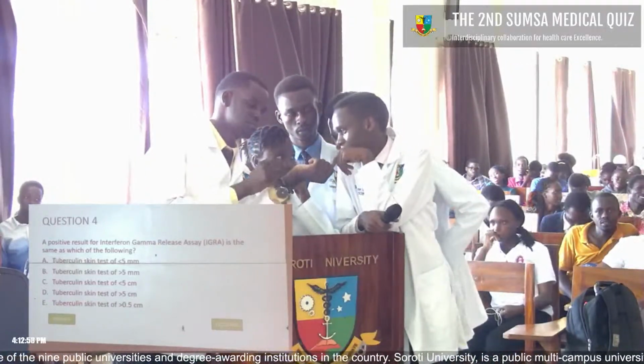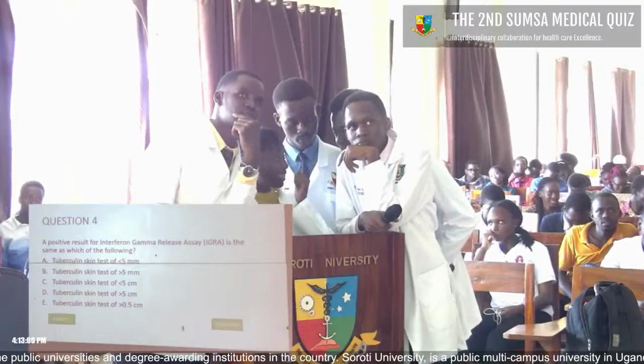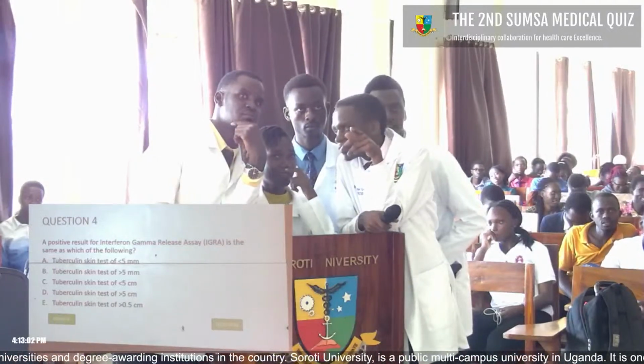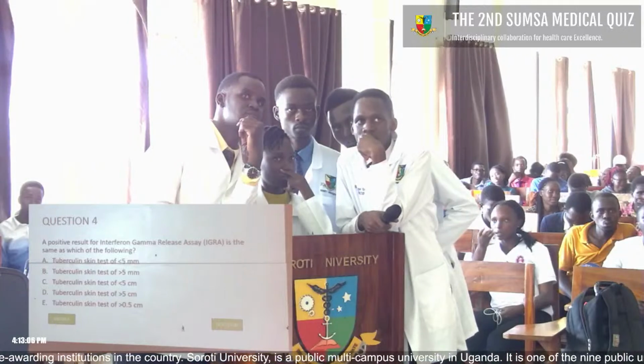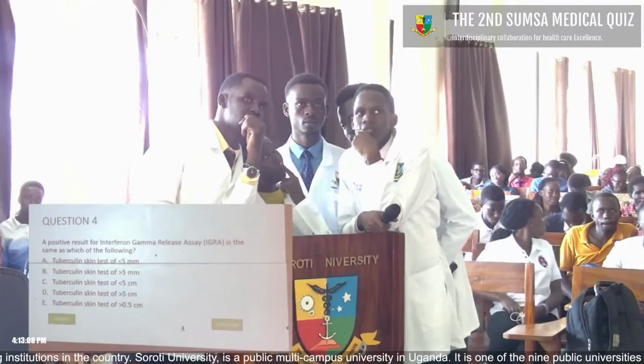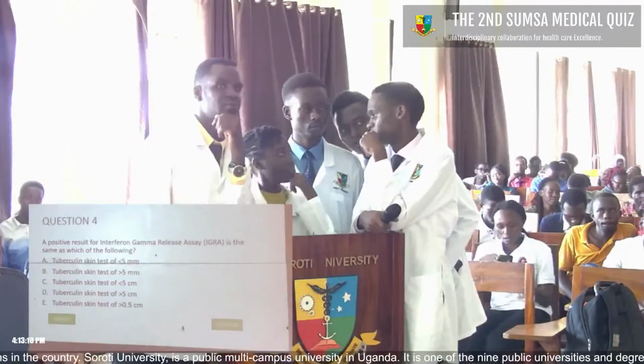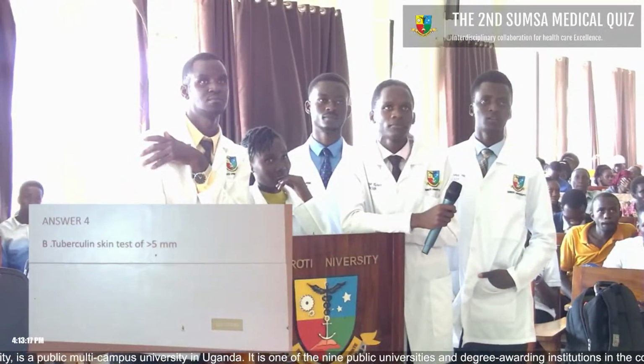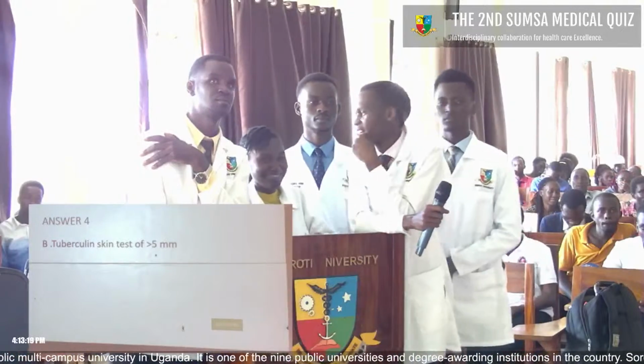And E. The tuberculin skin test of more than 0.5 centimeters. D for dog. That's wrong. Answer is B.